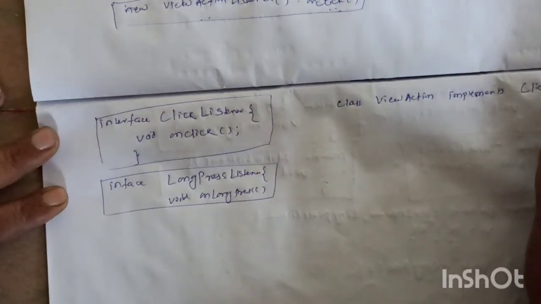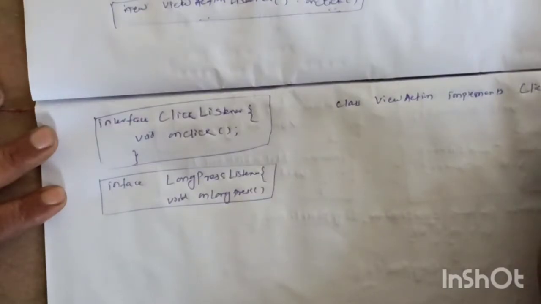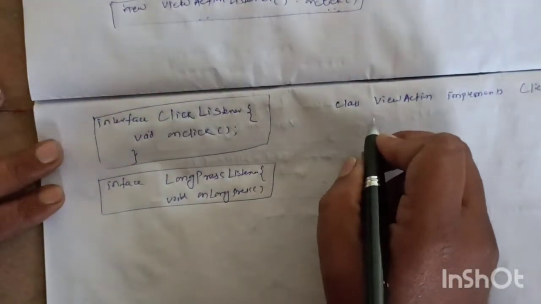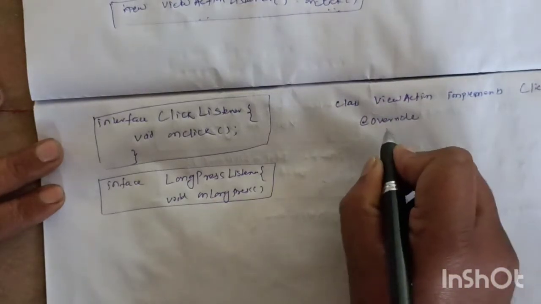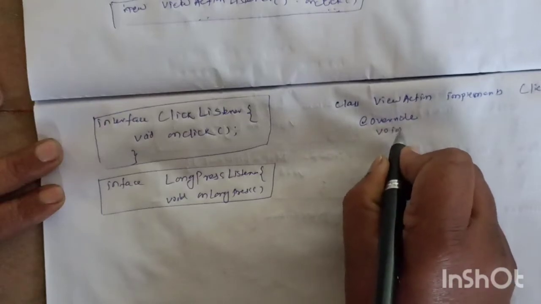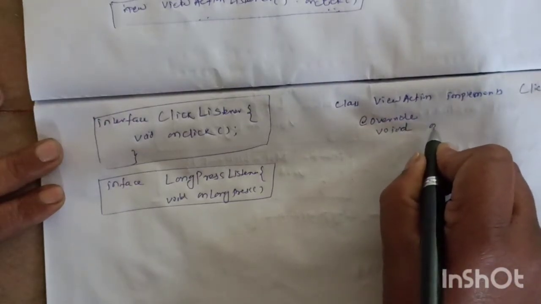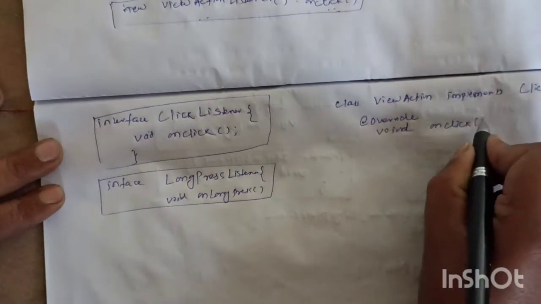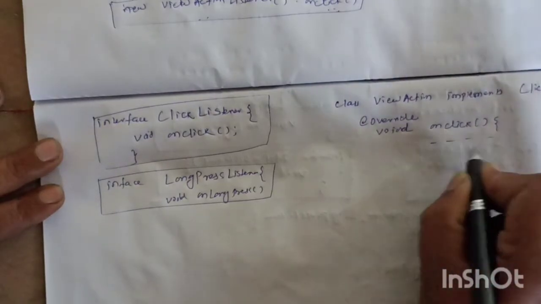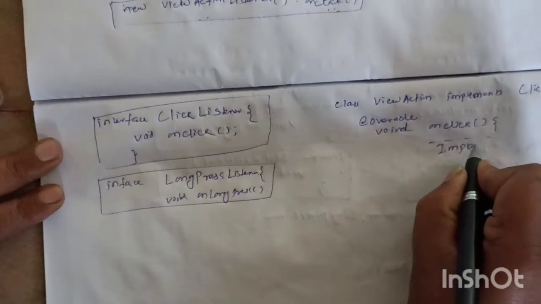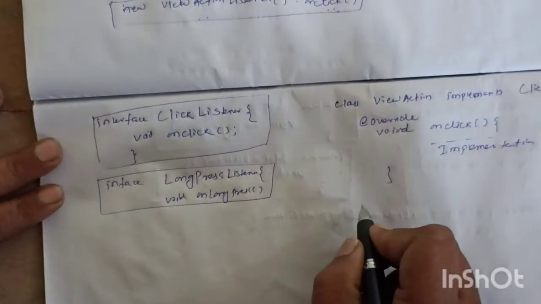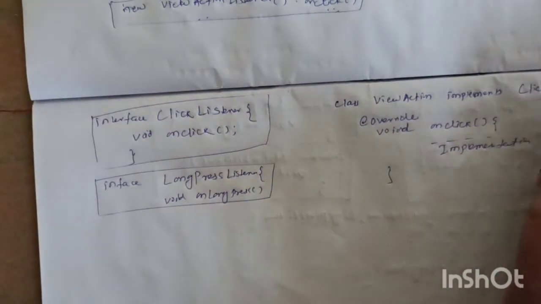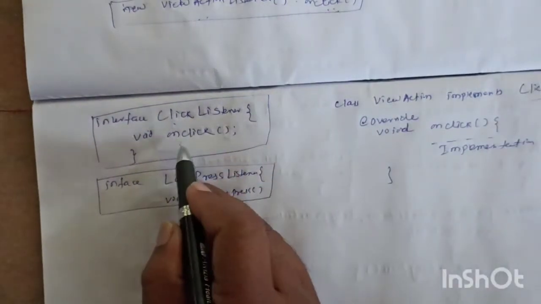So I will write implements on click listener, and there I can write override void on click method, and I will write the implementation for that. There is no need for me to write other methods because this click listener has only one method, that is on click.